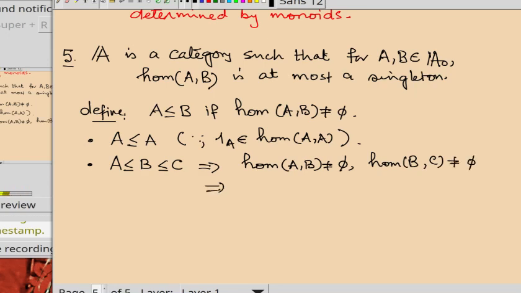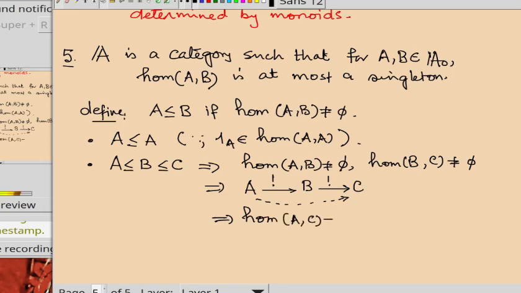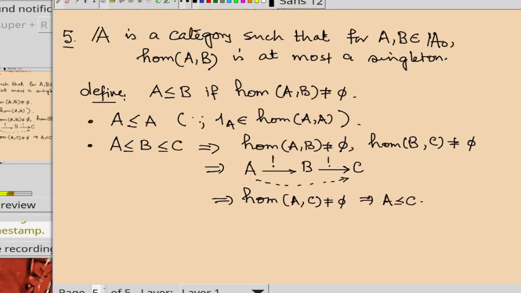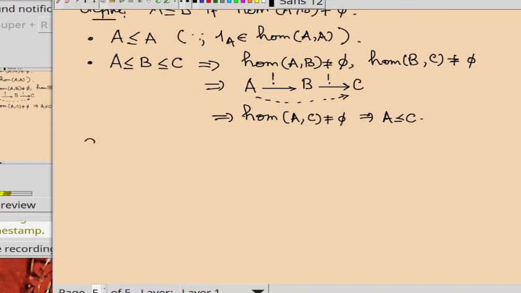And it is exactly a singleton, so there exists a unique morphism here and a unique morphism here. So under composition there will exist a morphism. So this says Hom AC is non-empty, and hence this is a pre-order on this.